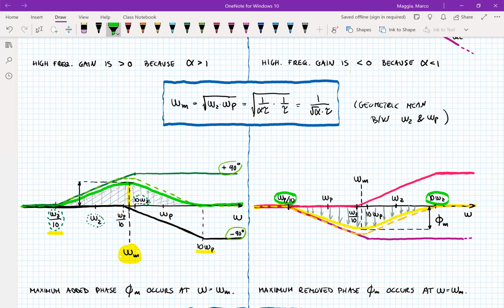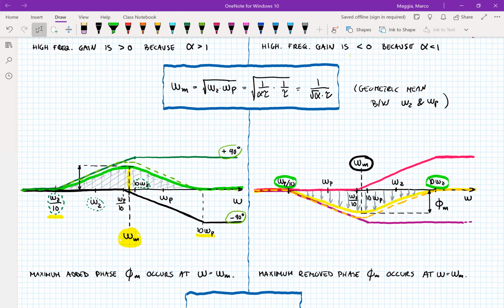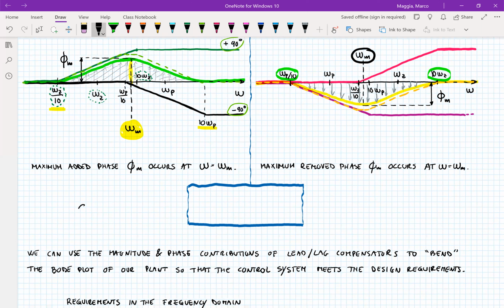And the maximum amount of phase that we are subtracting is going to be in correspondence to omega m. Now, the maximum amount of phase that we are adding or subtracting is going to be called phi m. And so for a lead compensator, phi m is going to be a positive number, and for a lag compensator, phi m is going to be a negative number.